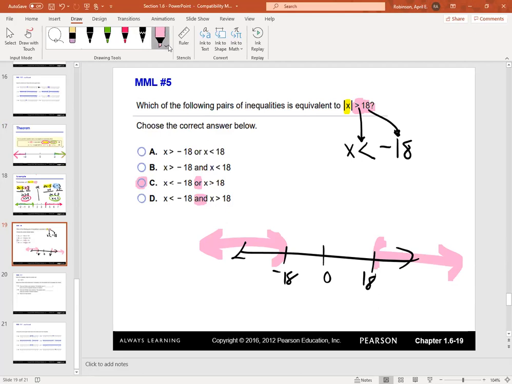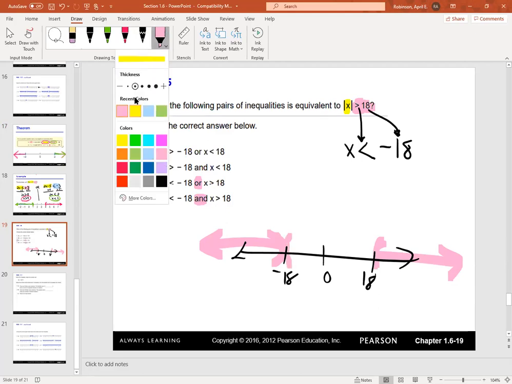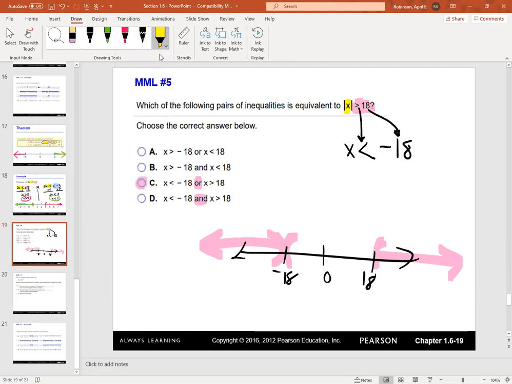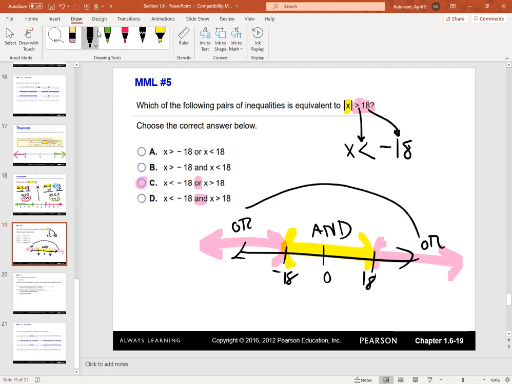Whereas an in-betweenie would be going in both directions at the same time because it's in between. So this technically is an and, and over here, the pinks, those are your ors, because you can either go to the right or go to the left. You can't at the same time. Okay, got it.